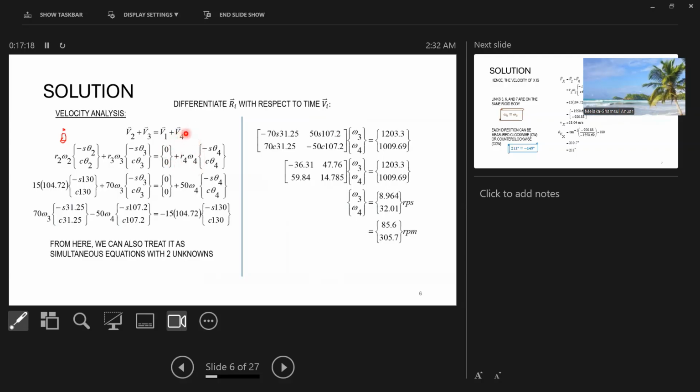So and then for V4, it is rotating. Link number 4 is rotating, so we are going to get something here like omega 4.